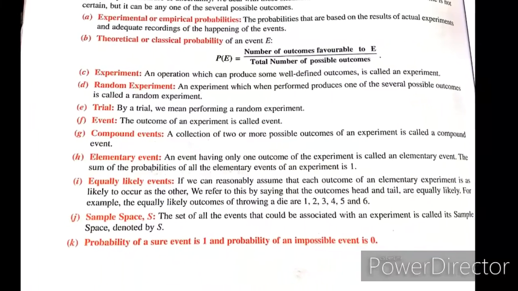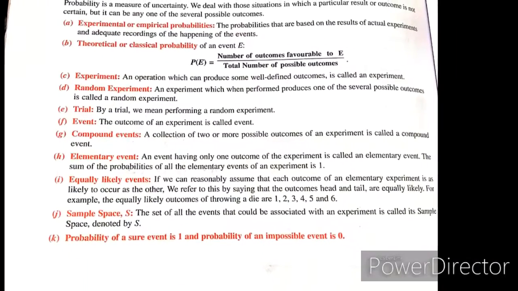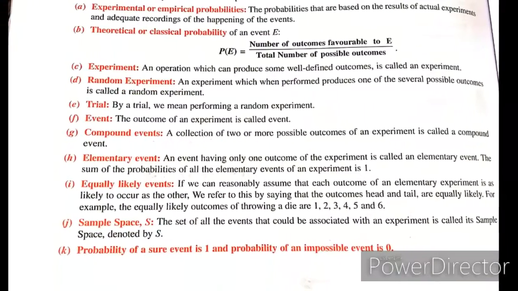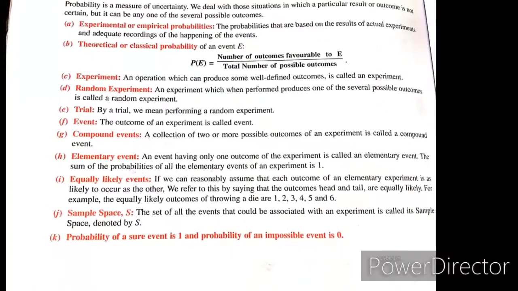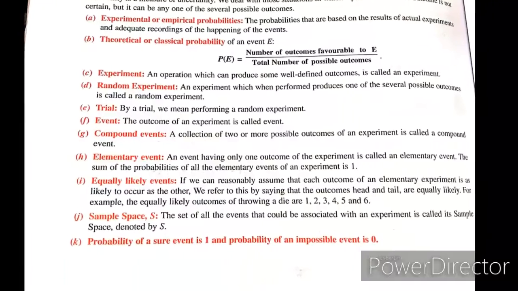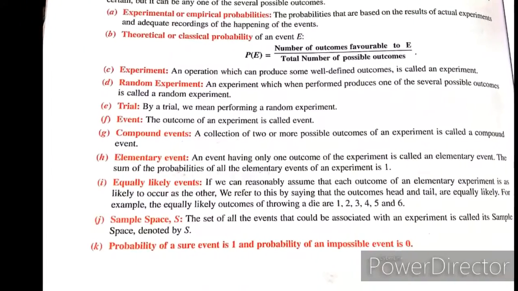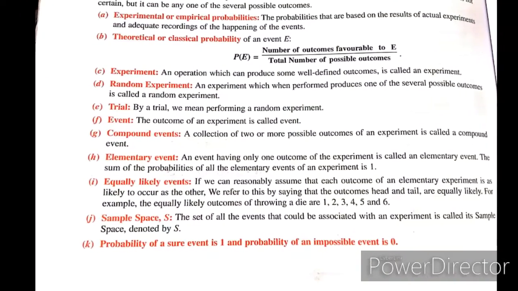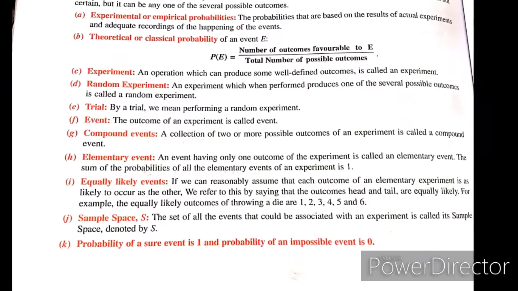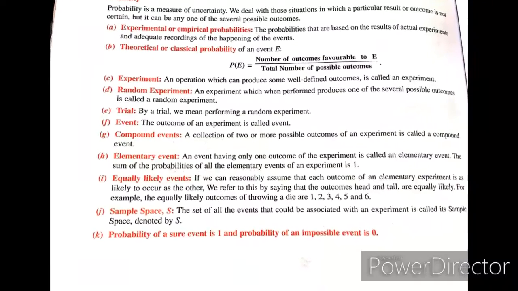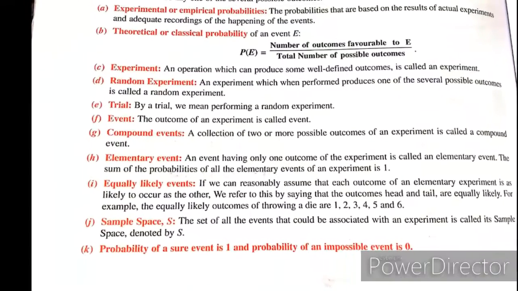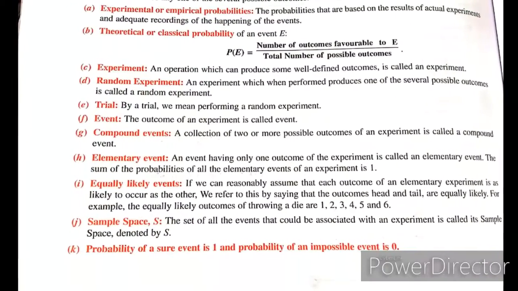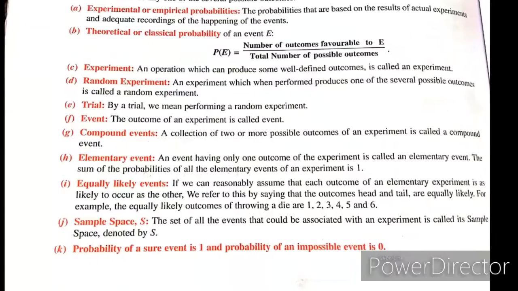Next one is equally likely events. If the probabilities of 2 or more events of a random experiment are the same, they are called equally likely events.